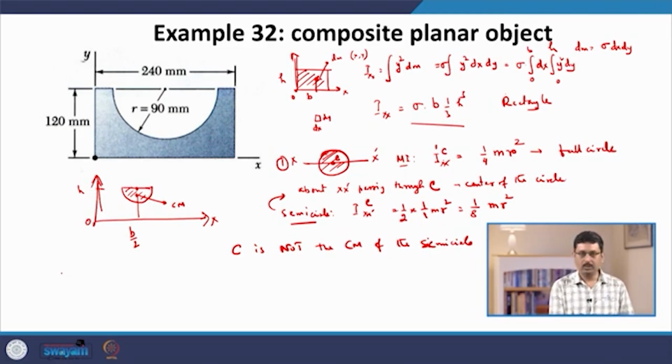It is easy to show that the center of mass, by symmetry, will be along this line that is passing through the center of the semicircle and parallel to the y axis, and it will be located at a depth d, where d is given by 4 r by 3 pi.